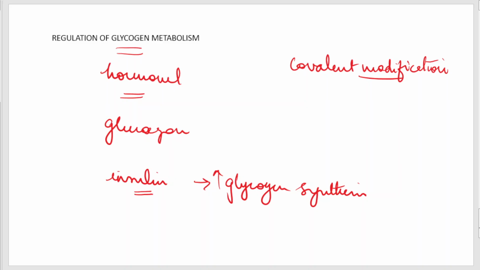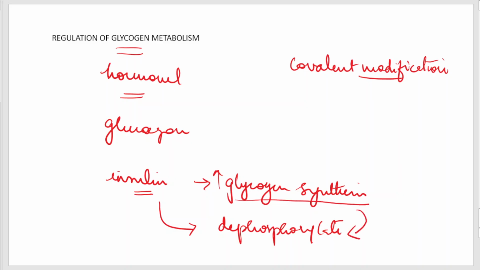Insulin activates the enzyme by dephosphorylating it, making the enzyme active. So enzymes of glycogen synthesis will be active in their dephosphorylated state. Understood. Likewise, glucagon and epinephrine, what do these hormones do? They favor glycogenolysis.